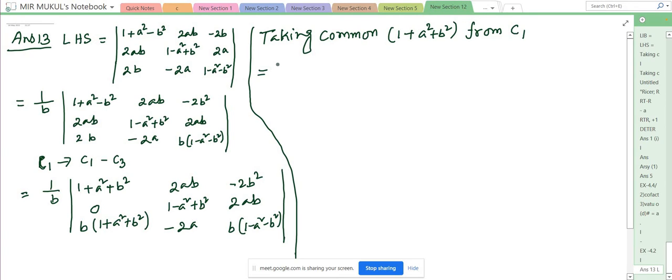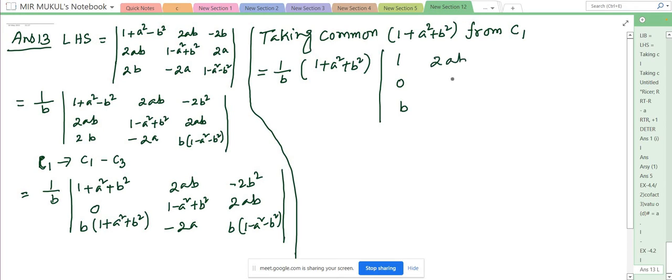So one factor we got, 1 by b, 1 plus a square plus b square. Then here we are getting 1, here 0, and here b.